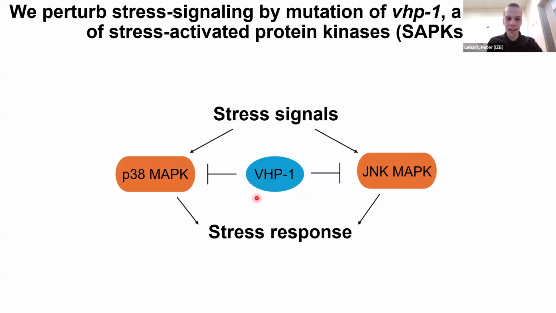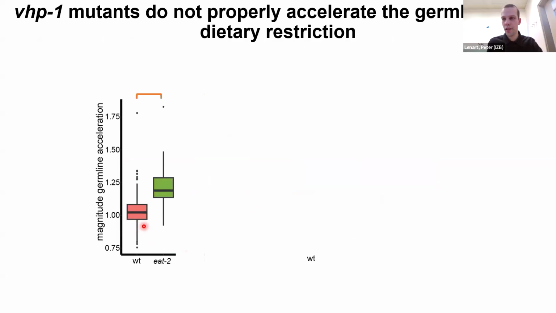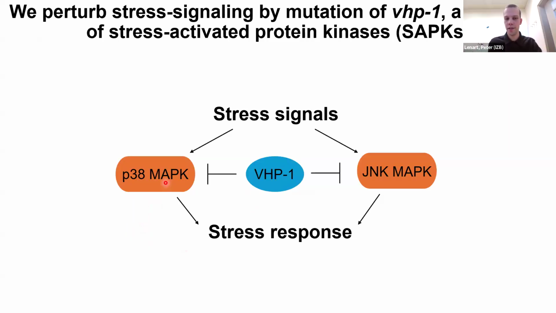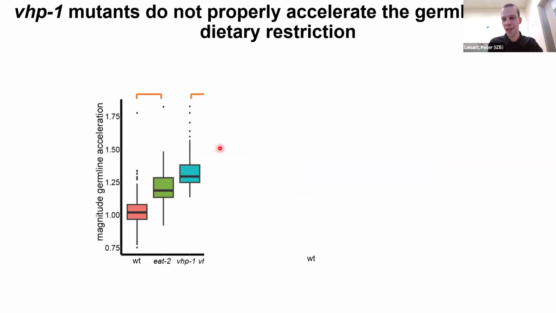And here, in wild-type worms, if we add some stress, this germline acceleration is faster. In the VHP1 mutant on its own, because it's smaller and its germline correctly adjusts its growth rate, this is even faster, and the proportions there are correct.